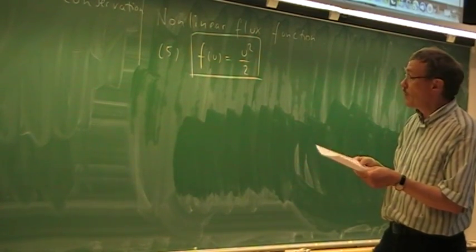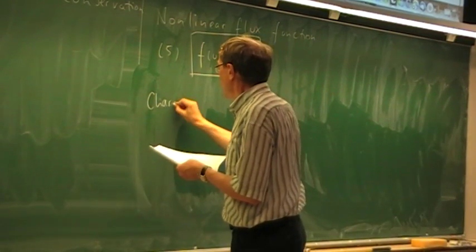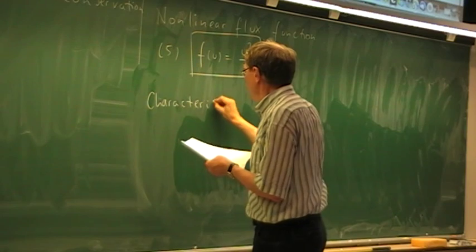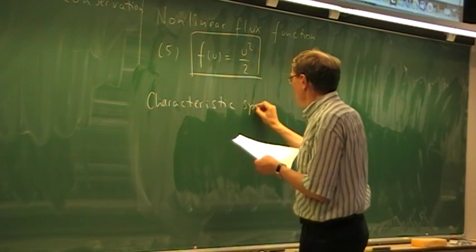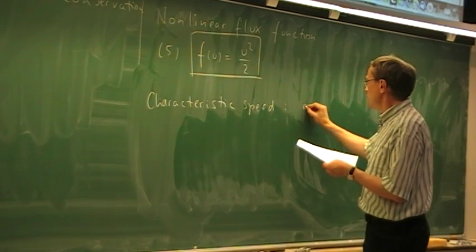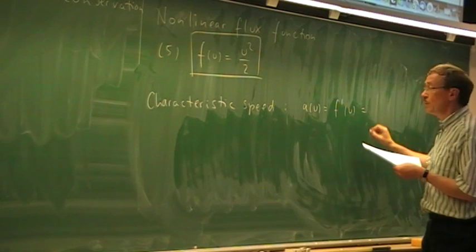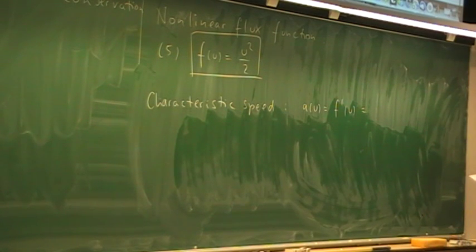So the characteristic speed, that is what we defined before, that is the a of u. You see that is the f prime of u, and that is the derivative of f of u with respect to u.